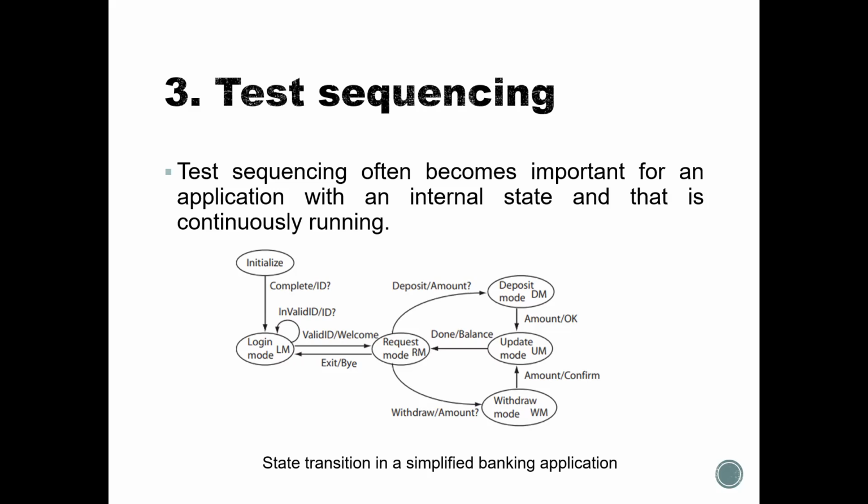From update mode, he can see the balance, this operation is done, and he goes back to the request mode. So this can be one of the sequences that we can follow in test sequencing, with some internal states and some continuous running.